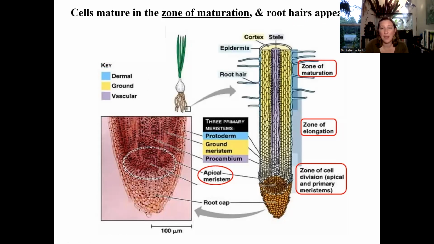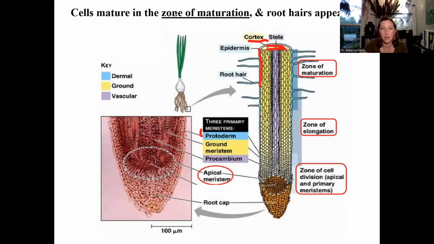And then lastly, you have this zone of maturation, which is where the cells are fully mature, and that's where we can call them the names that we have already been seeing, right? Like here shown in blue is the epidermis, which was made by the protoderm. Here shown in yellow is the cortex.